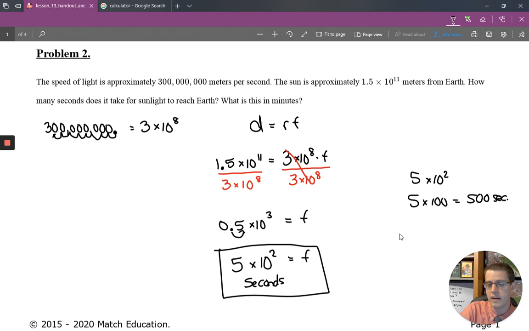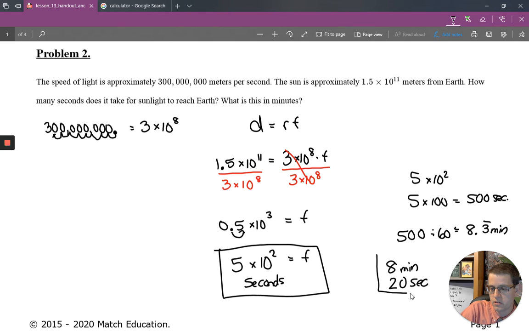If I divide 500 seconds by 60 seconds in a minute, that is going to be 8.3 repeating minutes, which is 8 1/3 minutes. A third of a minute is 20 seconds because there's 20, 20, 20 to get to 60. So this is really 8 minutes and 20 seconds.